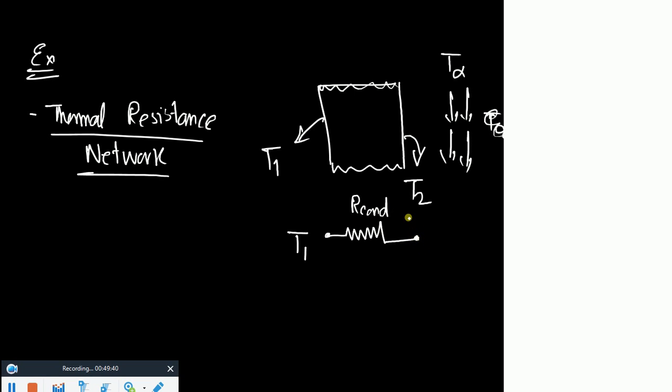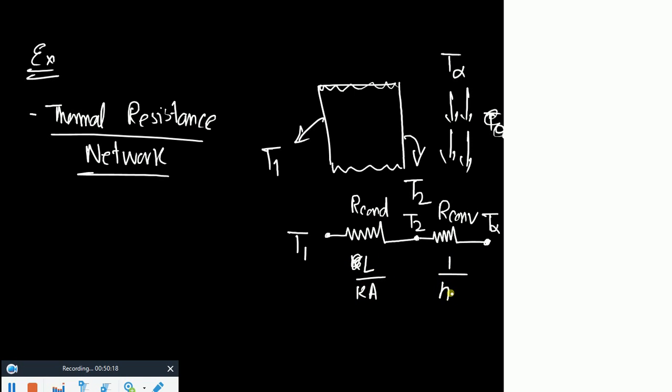And on this node you would have temperature T2, and then there is convection. So you need to add another resistance to represent this, R convection, and on this side you would have T infinity. You understand that? So conduction is being represented by R conduction, and convection is being represented by R convection. Now this R conduction is equal to what?